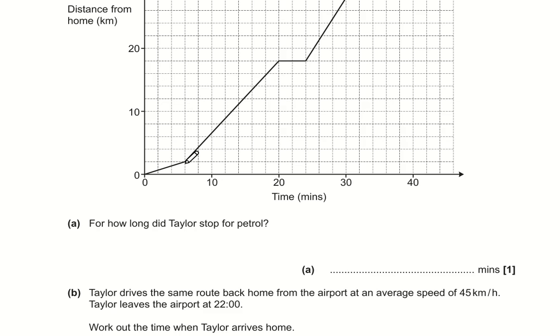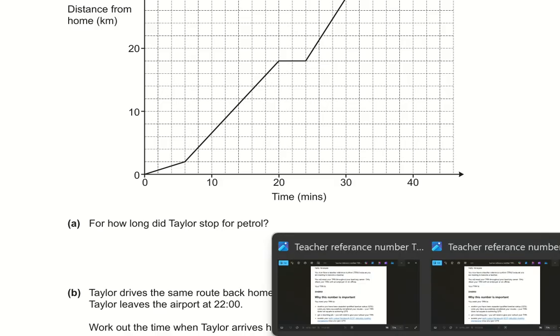Then he increased his speed up to 20 minutes. Then he stopped for petrol. We already found one square is 2 minutes, so his stop for petrol is 4 minutes.